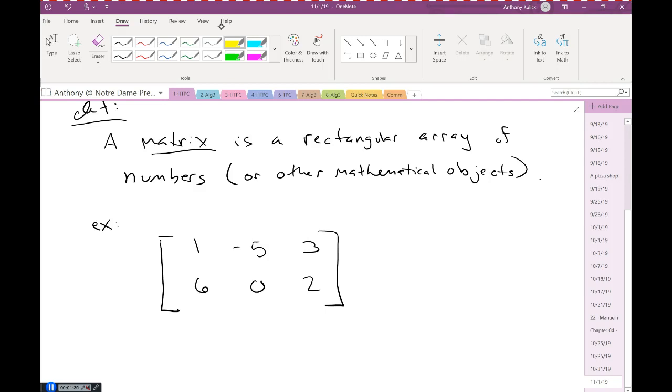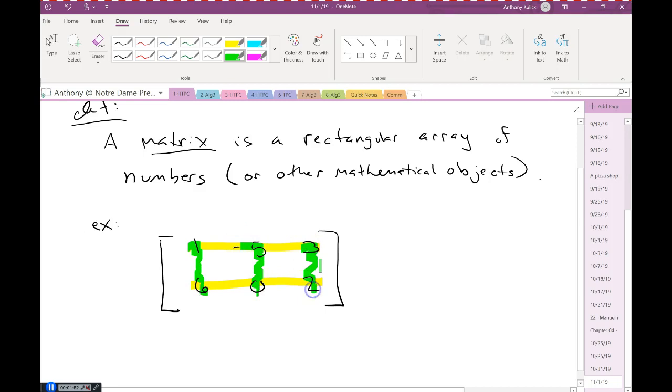We see 2 rows, right? And then how many columns do we see? 3 columns. Everybody kind of see that? So again, remember that rows go left to right and columns go up and down.